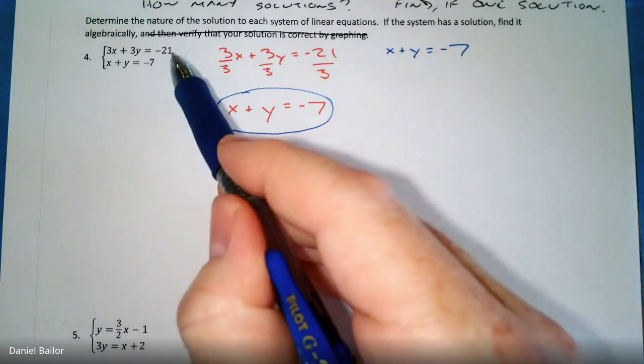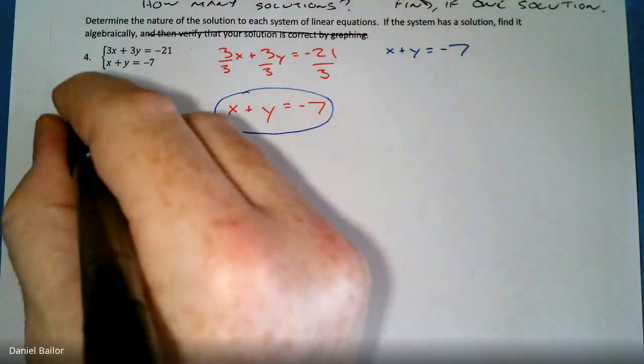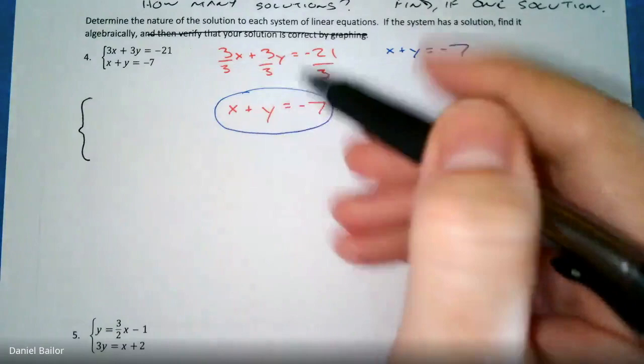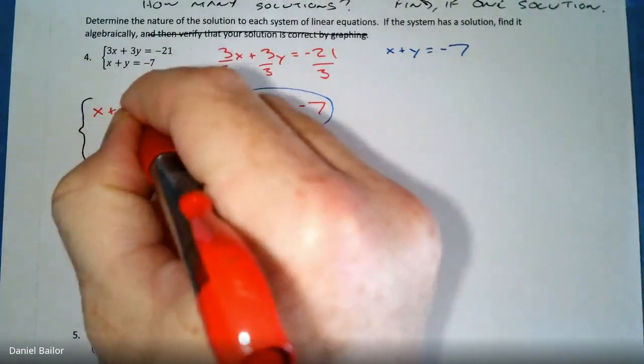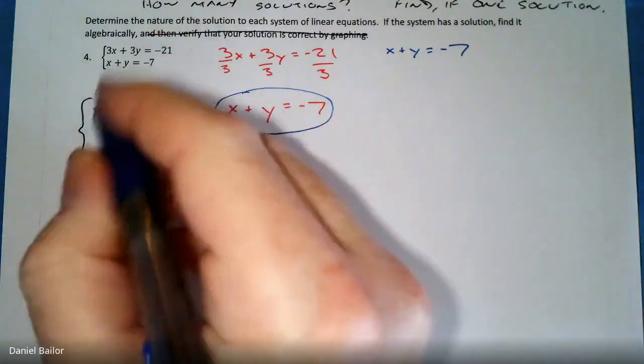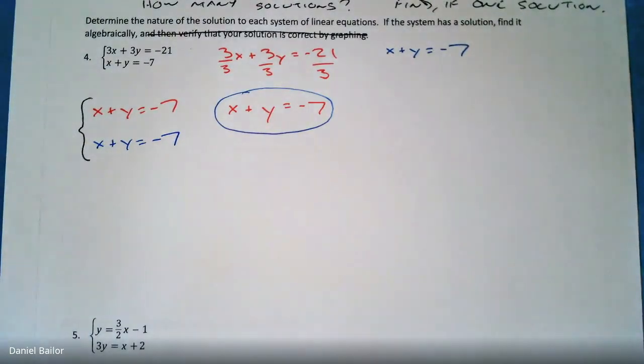So both the equations in our system are actually simplified to be the same, because the top equation turns into x plus y equals negative 7. And the bottom of the equation started as x plus y equals negative 7. Those look exactly the same to me. They are exactly the same.